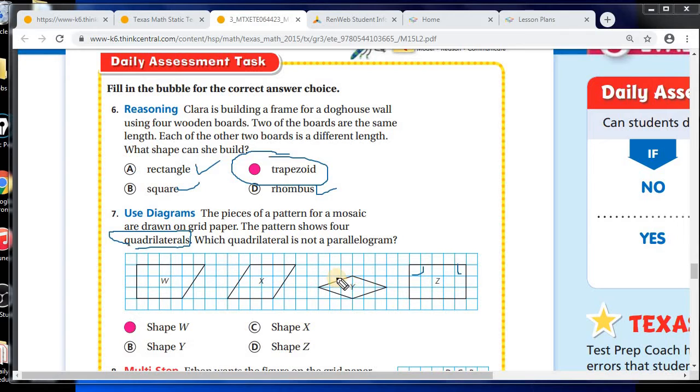So all of these have opposite sides with the same length. This one, these 2 opposite sides are not the same length. So it'd be our good old friend, the trapezoid.